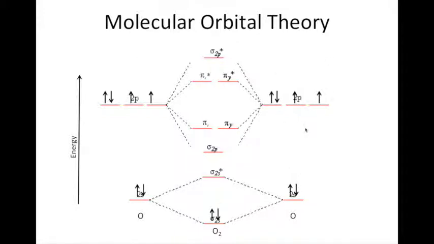So we start putting them in the lowest energy molecular orbital first: 2, 3, 4, 5, 6, 7, 8, 9, 10, 11, 12. So here for O2, we would have an electron configuration that would look very similar to this. So be sure that you understand how these p orbitals combine to form molecular orbitals and the general shape of these molecular orbitals, and you can draw an energy level diagram for any diatomic molecule of the first or second period.